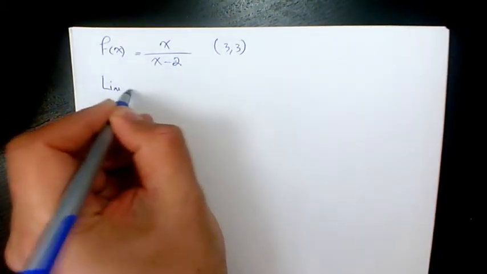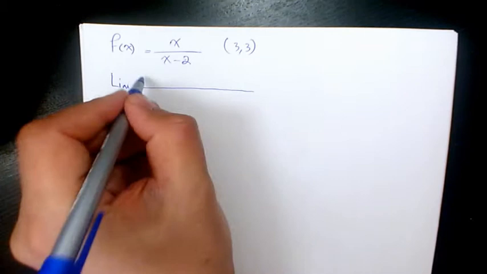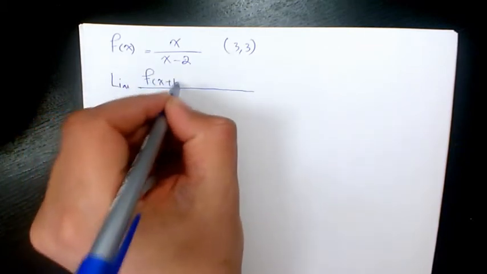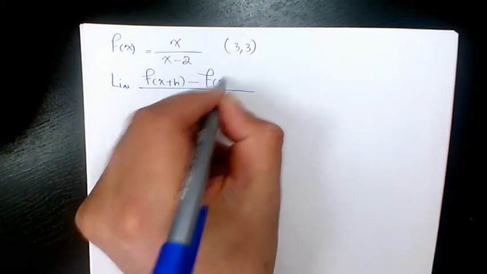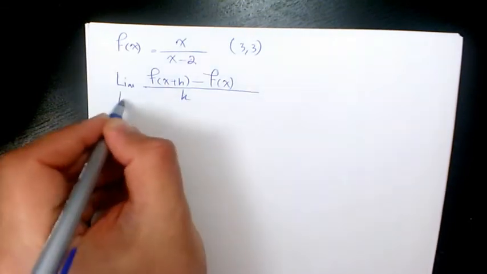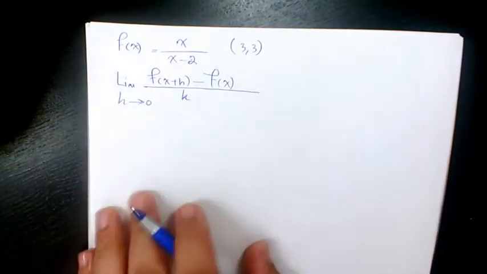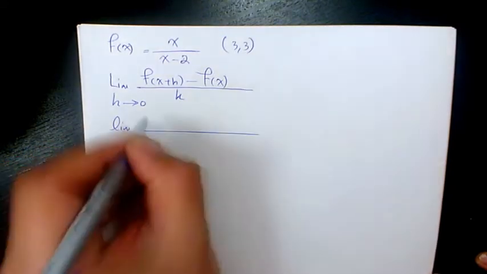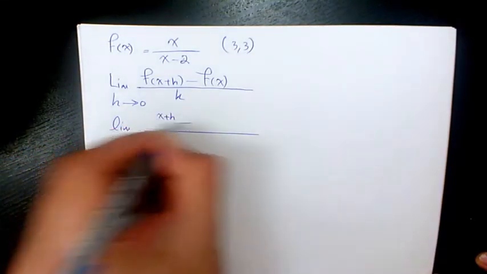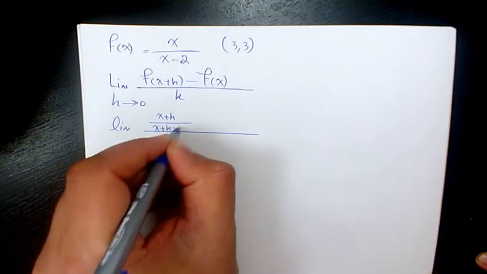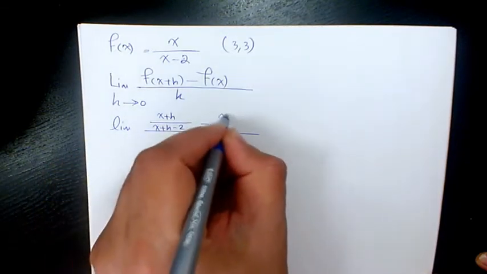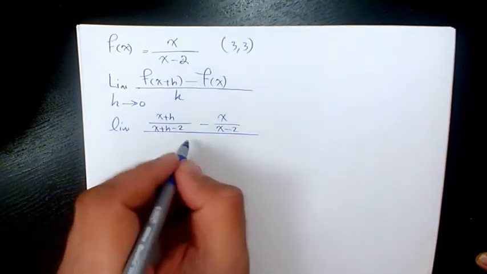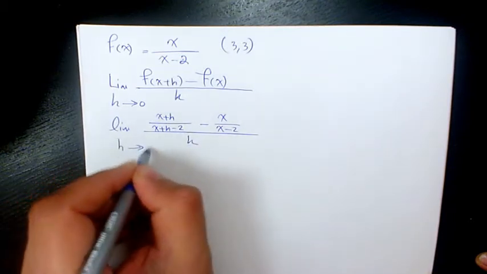First of all, we need to write down this formula: the limit of f of x plus h minus f of x, divided by h, when h is approaching 0. So that's going to be the limit of x plus h over x plus h minus 2, minus x over x minus 2, divided by h when h is approaching 0.